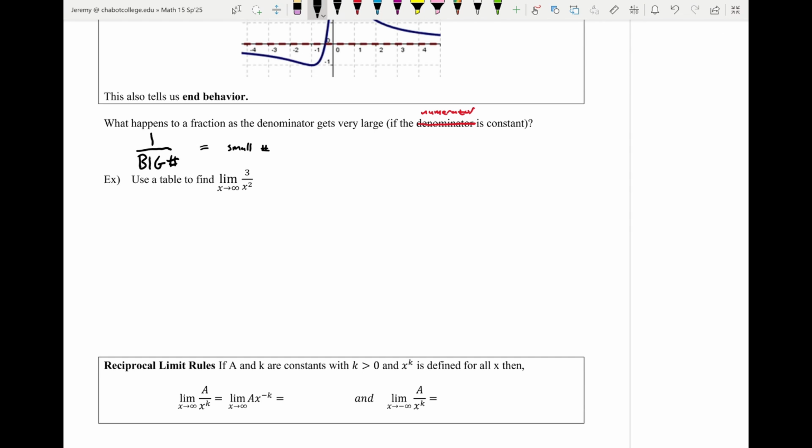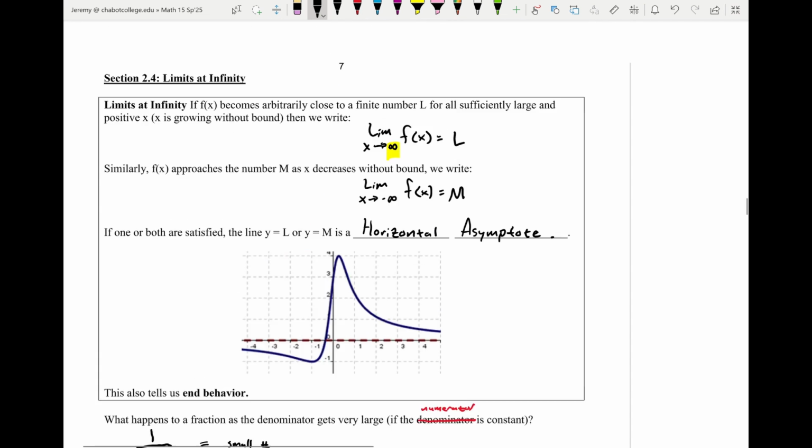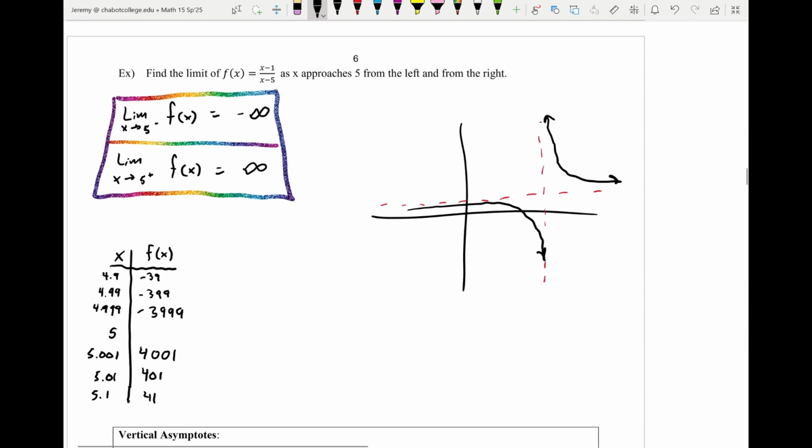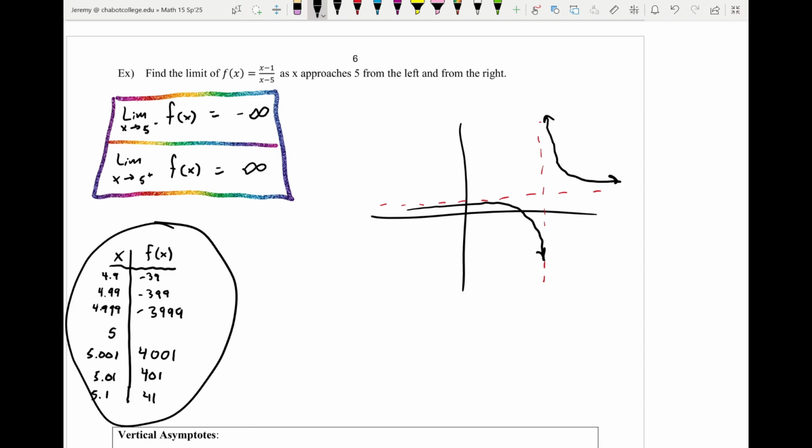So we want to use a table of values. And we've evaluated limits in the past using tables of values. The way we did it before is we would have x approaching some real number. Like here, we did one in this last section, 2.3. We were looking at the limit as x approaches 5. So we had a table of values that looked like this.